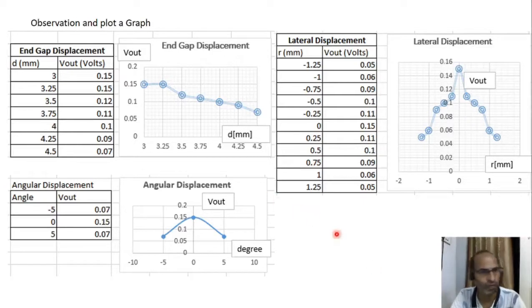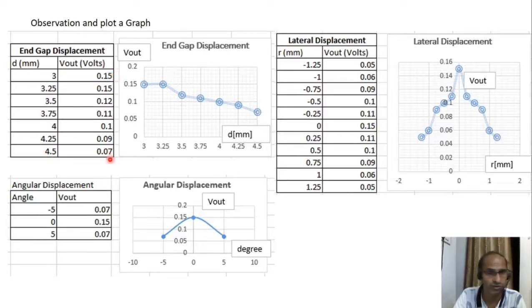After performing the experiment in the lab, we have taken the readings for end gap displacement, where we have varied the end gap from the 3 mm default value to 4.5 mm, its maximum value, and we measured the output voltage.